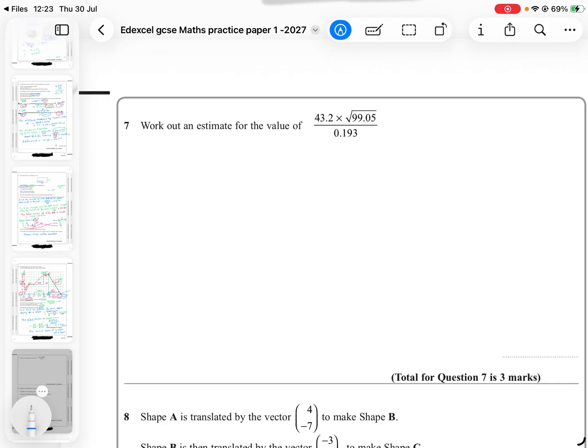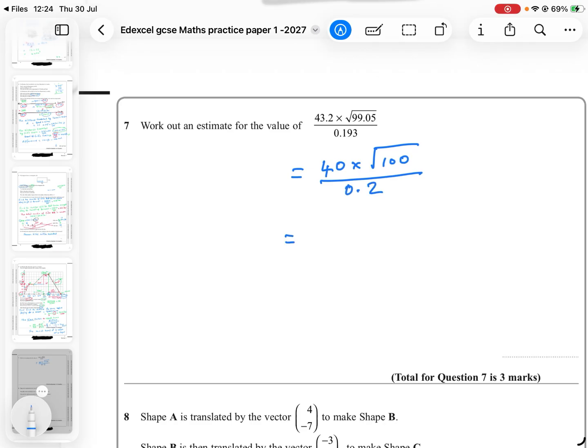So what you can do is 43.2 is approximately 40, times the square root of 99.05, approximately 100, divided by 0.193, which is approximately 0.2.